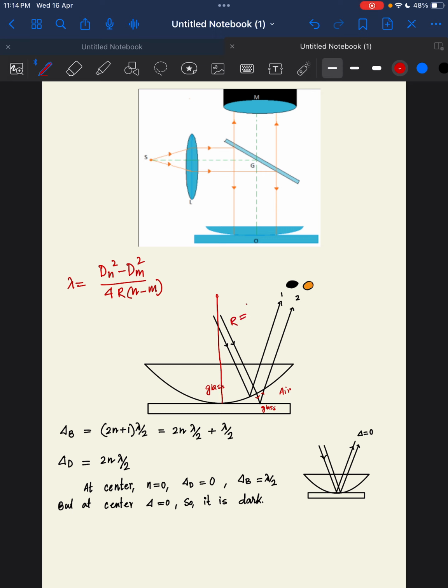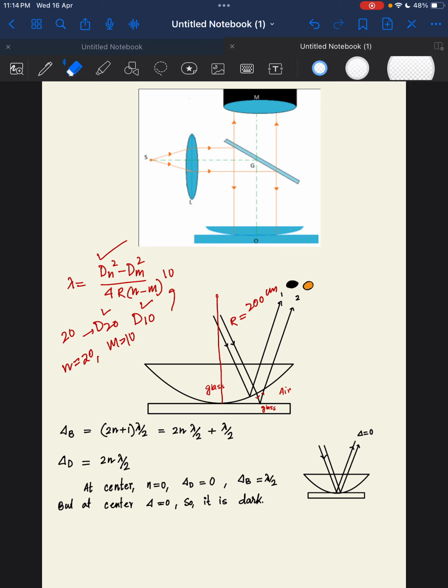This was 200 centimeter in our case. If you measure the diameter of the nth ring, let's say the 20th ring, then you can get the D20 square value. If you measure the diameter of the 10th ring, then you can get the D10 square value. So your n is 20 and m is 10. You can put these in the formula, calculate, and find the wavelength of sodium light easily. So let us just remove all these things.